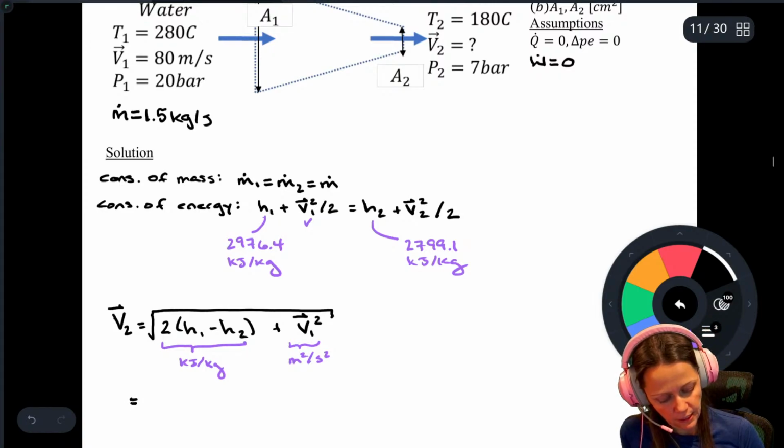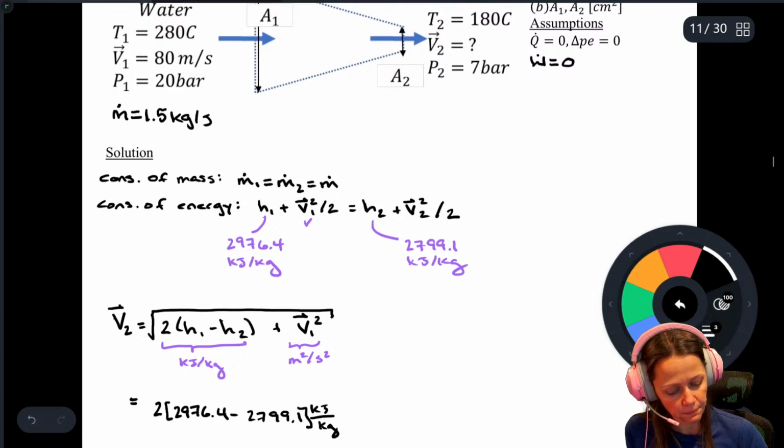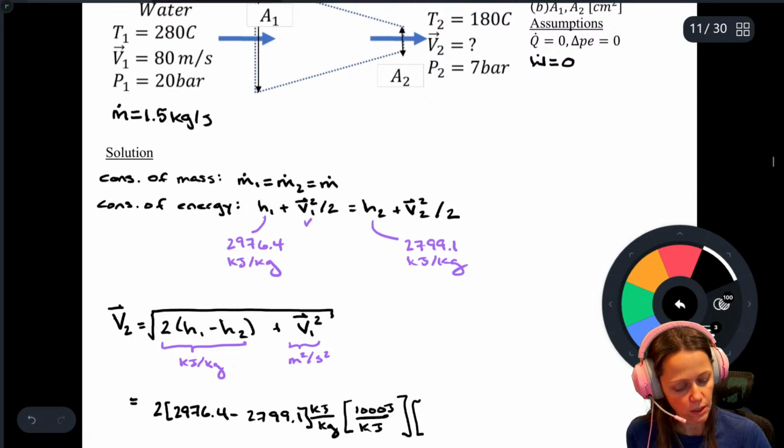This is going to be 2 times 2976.4 minus 2799.1. Both of these are in kilojoules per kilogram. If I break it down to the base unit, a kilojoule is 1,000 joules. A joule is a newton meter. It's a kilogram meter squared per second squared.